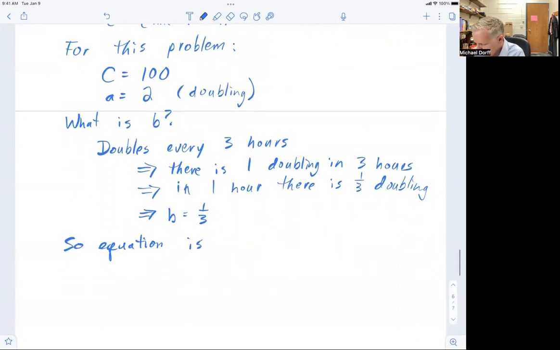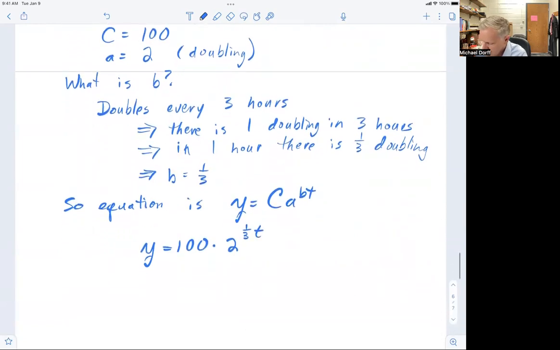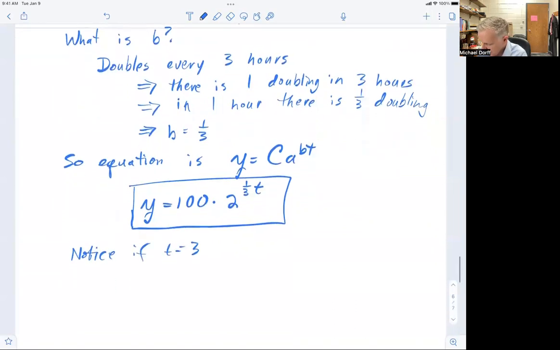So the equation, remember it was y equals c a to the bt. So now I substitute those in, I get y equals 100 times 2 to the 1/3 t. That becomes my equation. So now if t equals 3, what do we get?